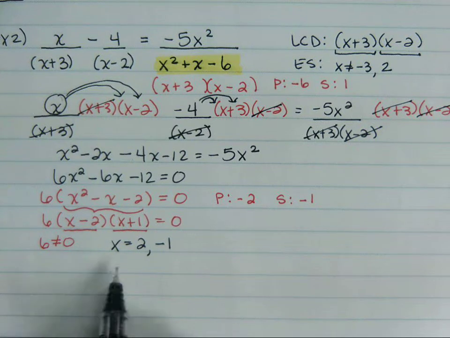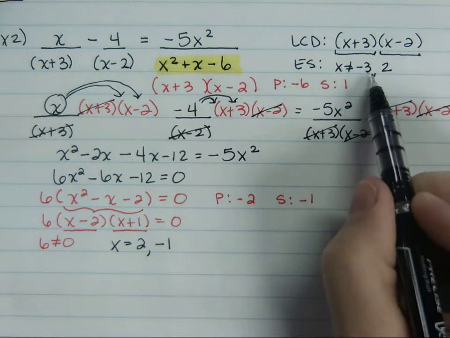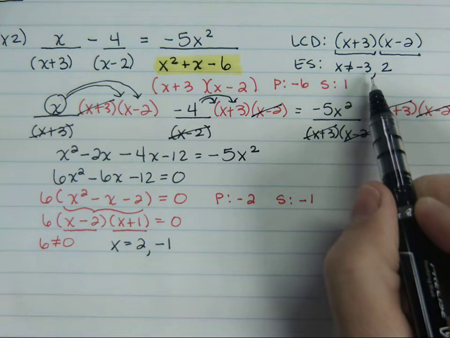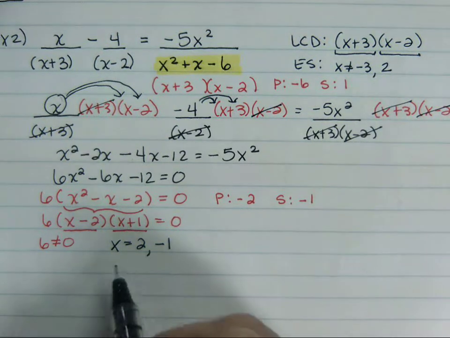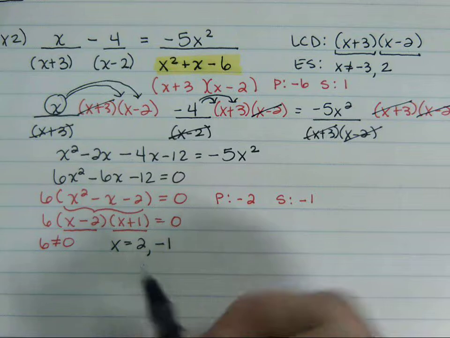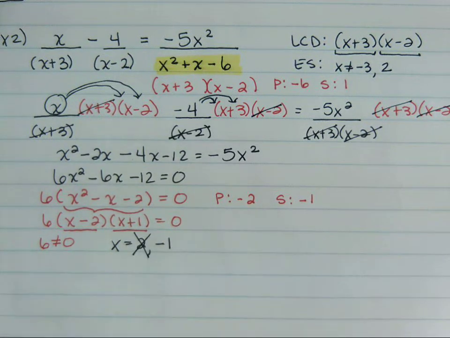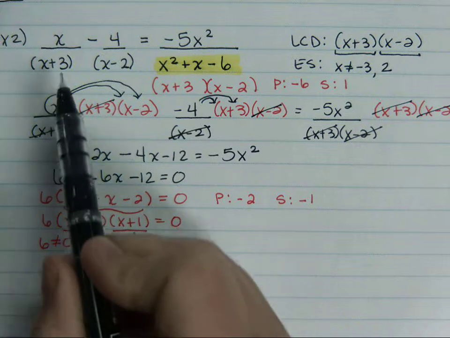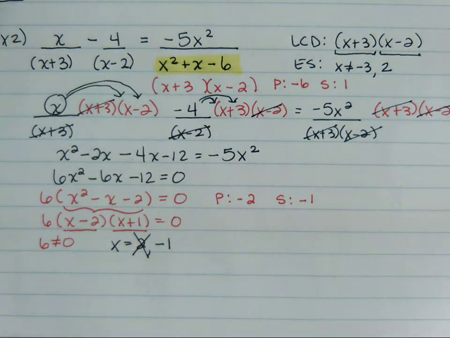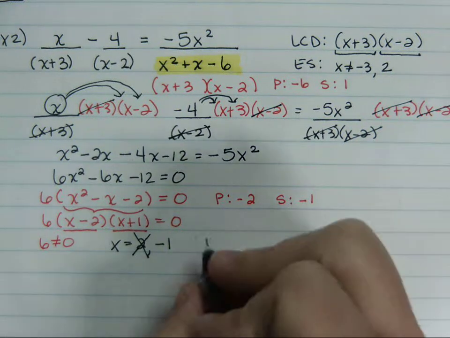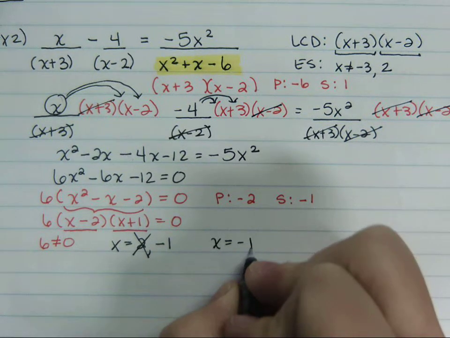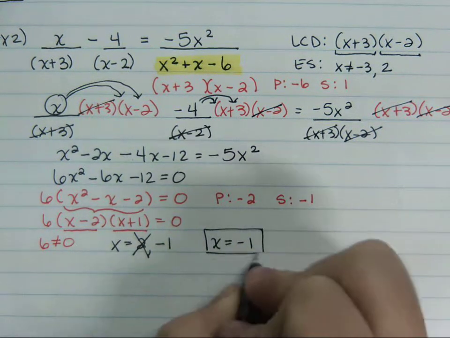So again, before you box these answers, go back over here and check. The values that were not allowed were -3 and +2. I came up with one of those values, which means I'm not allowed to use that value in my final answer. If I were to plug that back into my equation, I'm going to get a 0 in 2 of the denominators. So that means the only answer I have is when x equals -1.